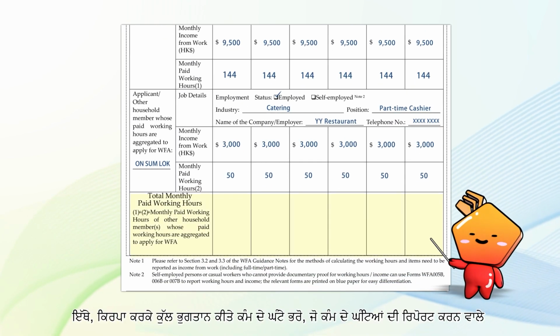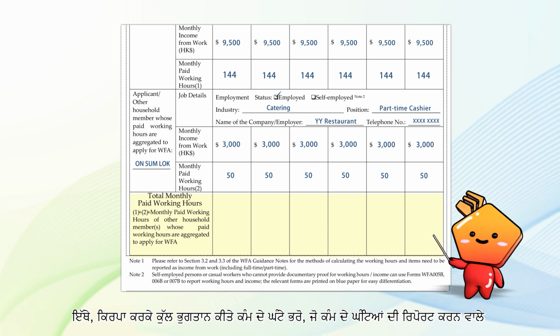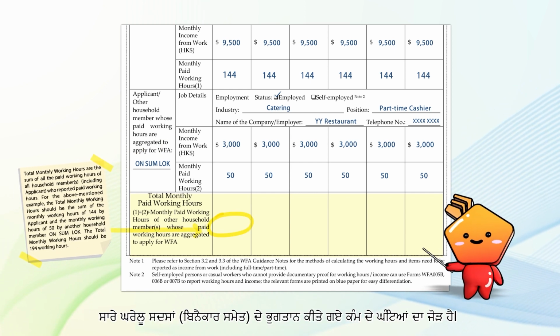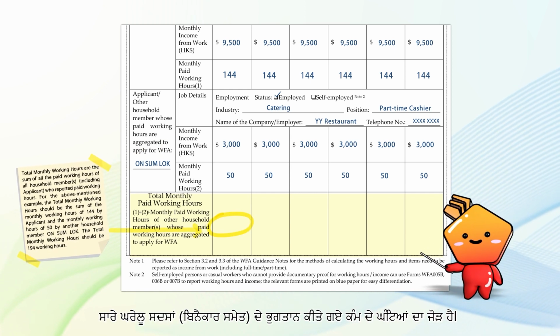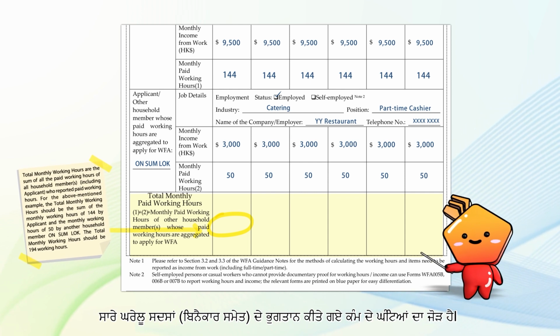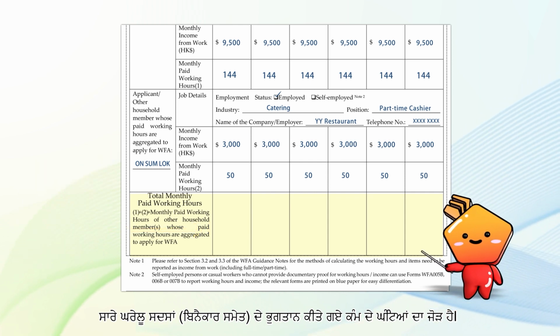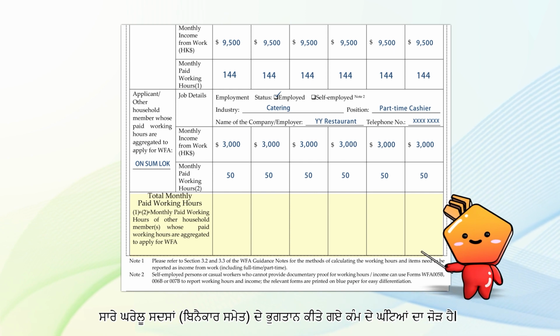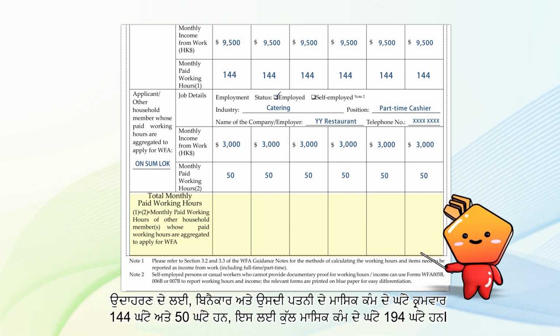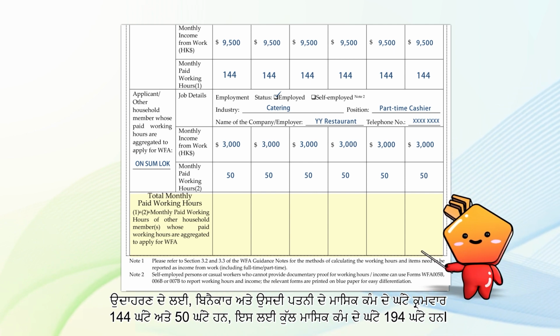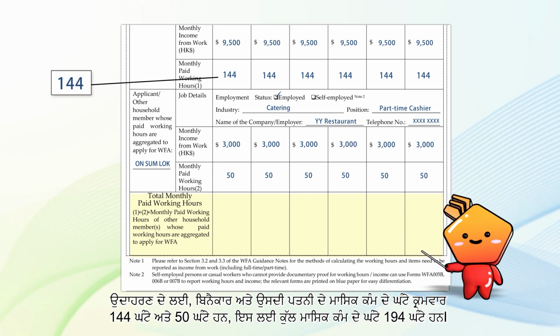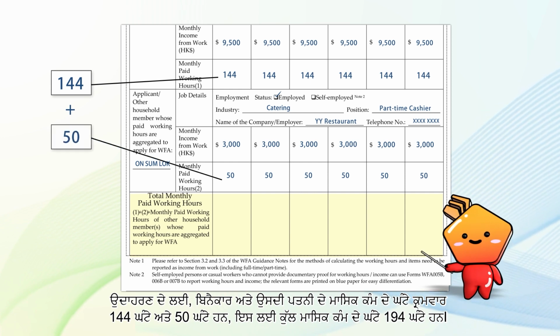Here, please fill in the total monthly paid working hours, which is the sum of the paid working hours of all household members, including the applicant, who report working hours. For example, the monthly working hours of the applicant and his wife are 144 hours and 50 hours respectively.